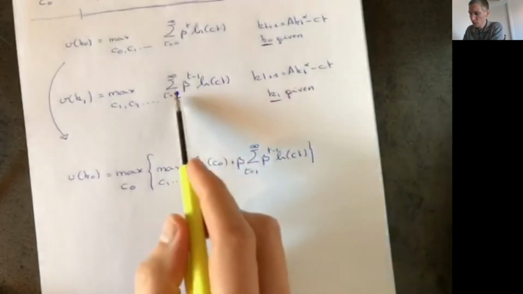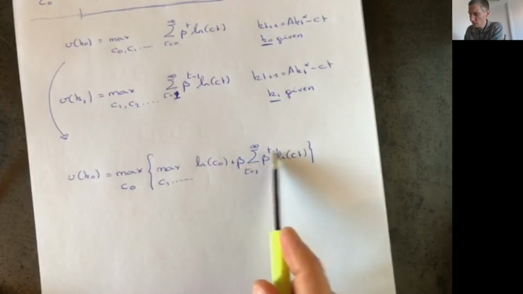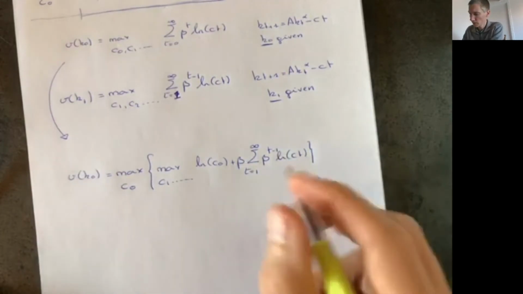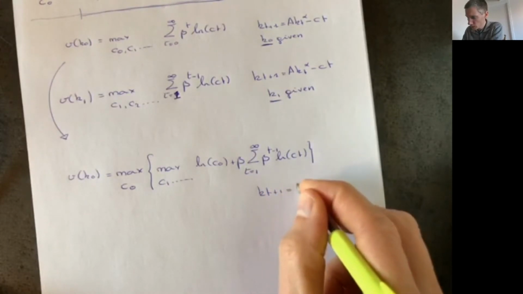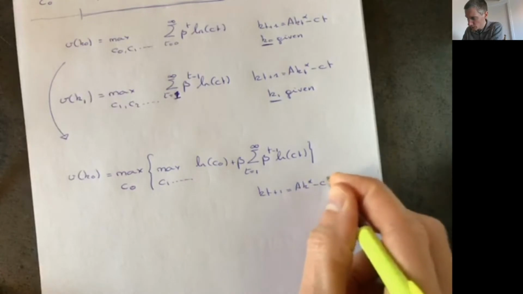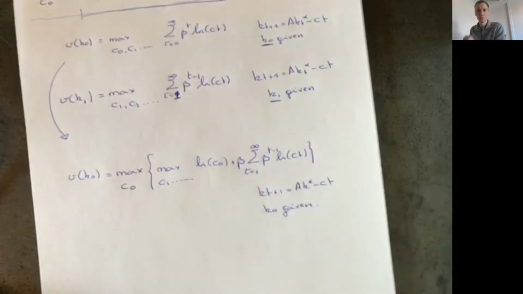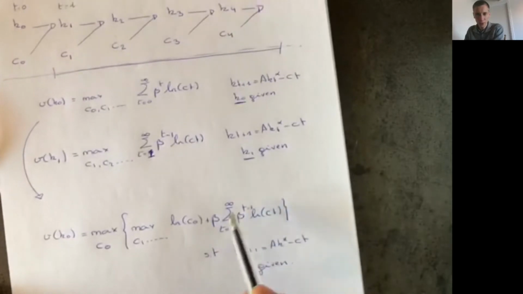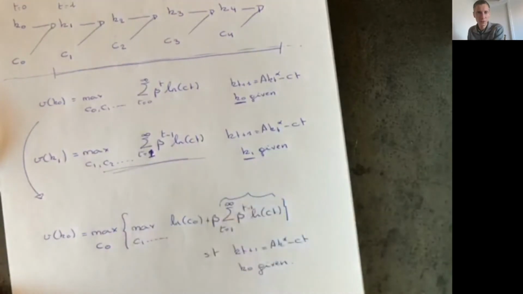Right, so basically here I'm taking one beta out of it, and then I have an exponent t minus 1. Okay, and then the constraints: kt plus 1 is equal to a kt to the power alpha minus ct, and k0 given. Okay, the law of motion. And now you see that this here is basically the same as this here.